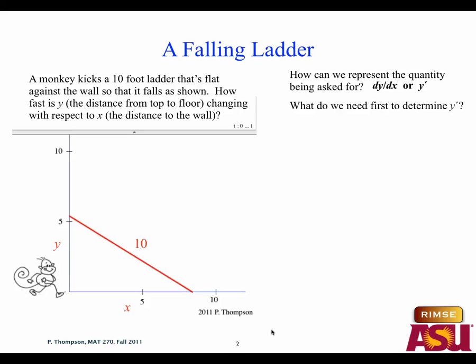And so based on your homework that you did, what do you need first to determine y prime? If we want to figure out what y prime is, what do we have to have first? Accumulation function? Okay, but in your homework we really didn't have accumulation functions anymore. We had something else, right?